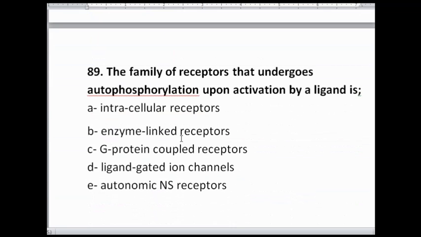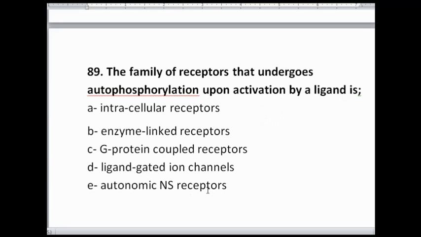Now moving on to the second last MCQ of this video: the family of receptors that undergoes autophosphorylation upon activation by a ligand is. These options are there: intracellular receptors, enzyme linked receptors, G protein coupled receptors, ligand gated ion channels, autonomic nervous system receptors.